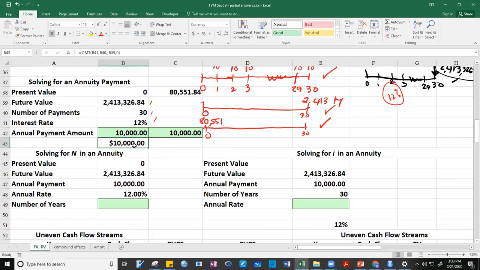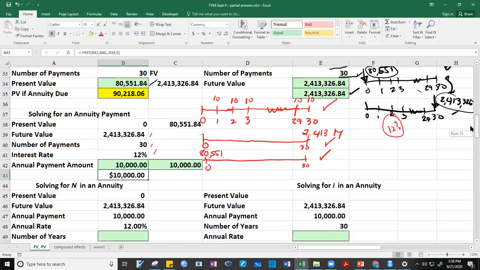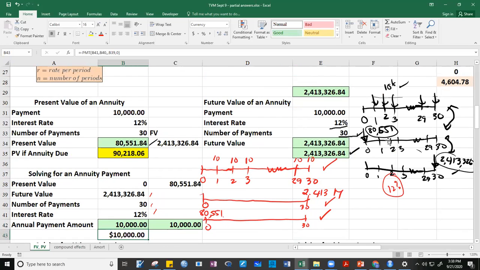Okay? So dito napoprove natin na ano lang yan, mga equivalent cash flows lang yan. Okay? Ang common mistake dyan, pinagsasama sa isang cash flow itong 10,000 at saka 80,551 or 10,000 at saka 2.413 million. Magkakaiba yan. They are equivalent. Okay, let me reiterate that.